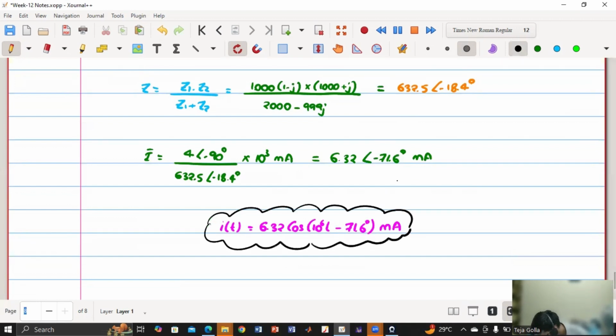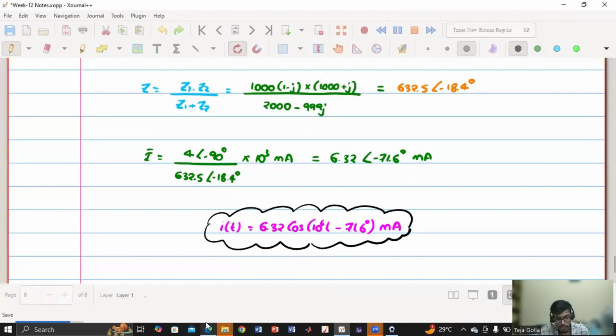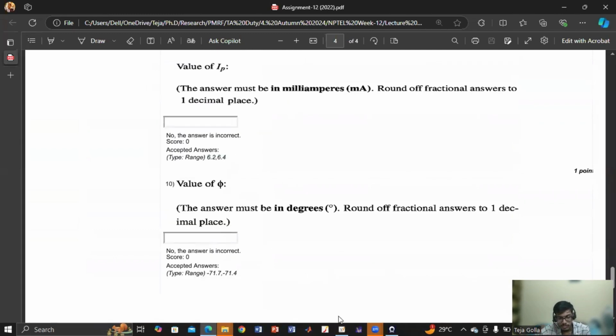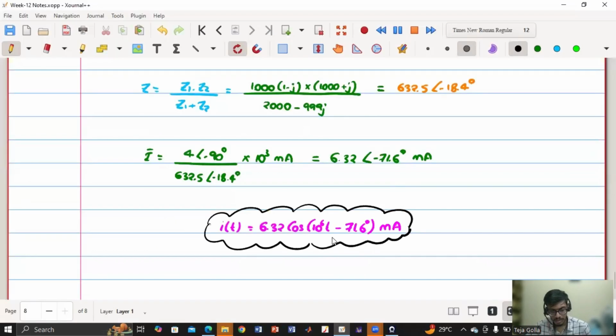Let us see whether what we are getting is correct. 6.32 is the magnitude, it is matching. And the phase is minus 71.6, so it is also matching. So that's all for today's problem solving session.